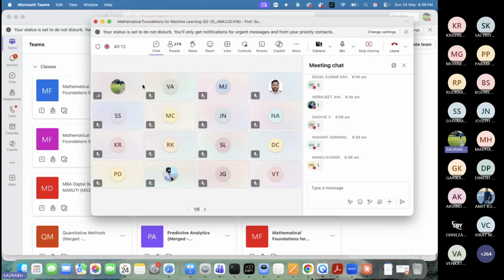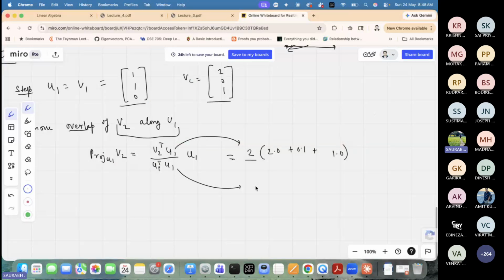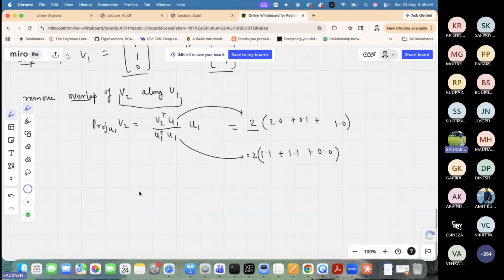What would that be? It is 1 times 1 plus 1 times 1 plus 0 times 0, so it would be 2. So you got 2 by 2 times the U1 vector.